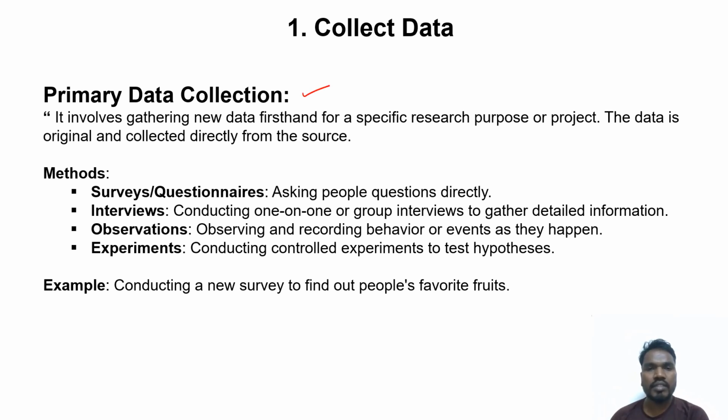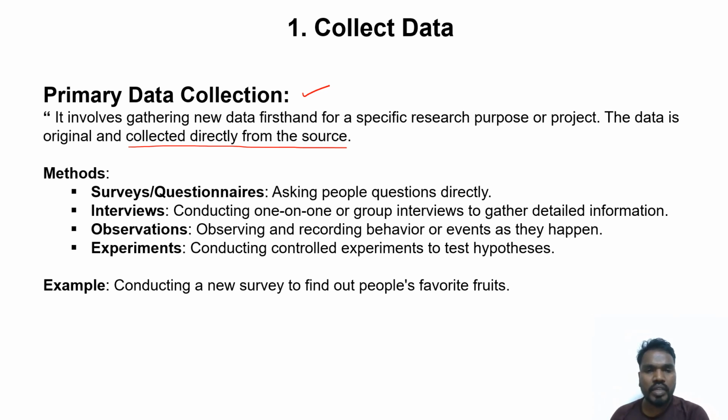As I said, if you are collecting the data directly from the source, here the source can be the population or the source can be a sample. You are going directly to the sample, or directly to the target group, and getting the required information, then that is called primary data collection. For example, surveys and questionnaires, where you ask people the questions directly, right?